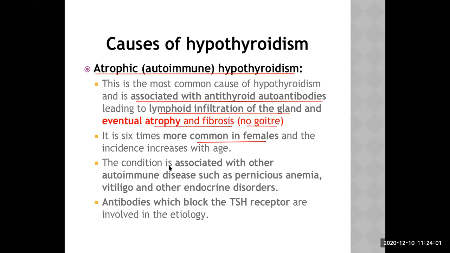This condition, just like any other autoimmune disease, is associated with other autoimmune conditions like pernicious anemia, vitiligo, Addison's disease, and type 1 diabetes. Here the antibody present is blocking the TSH receptor. That's why it is causing all this problem.